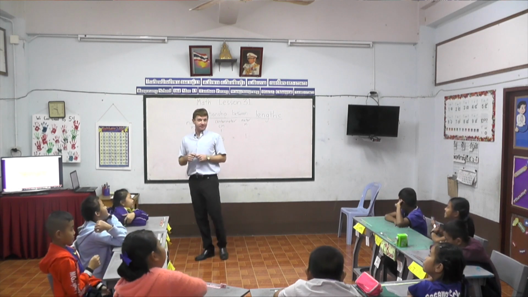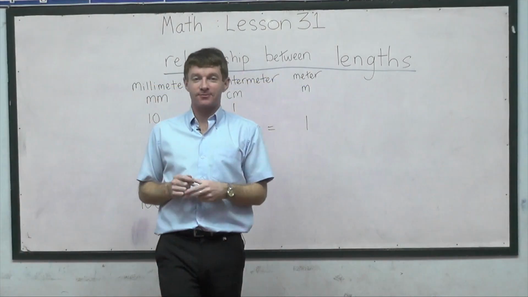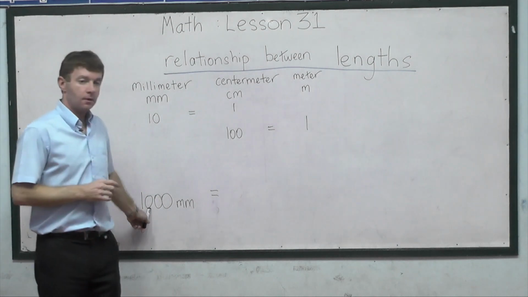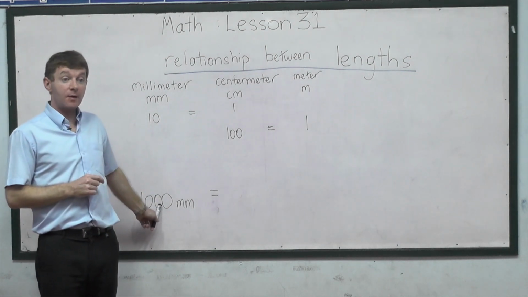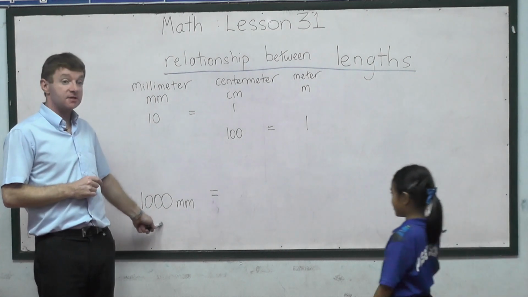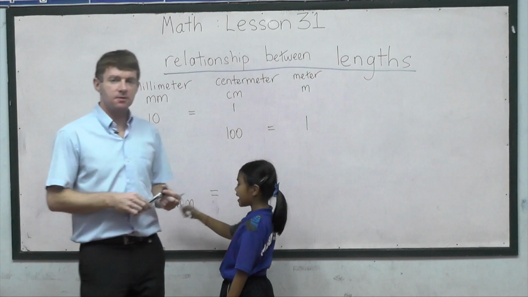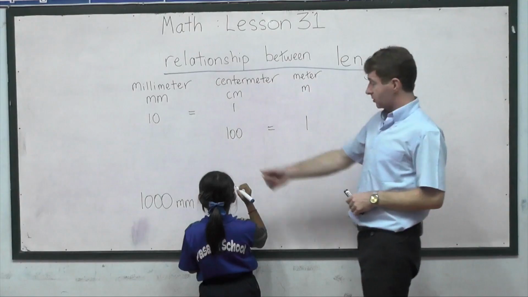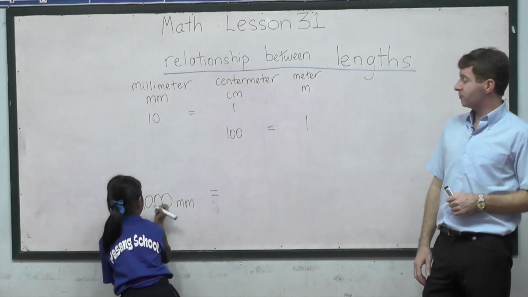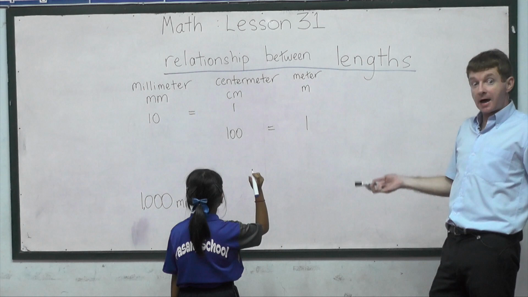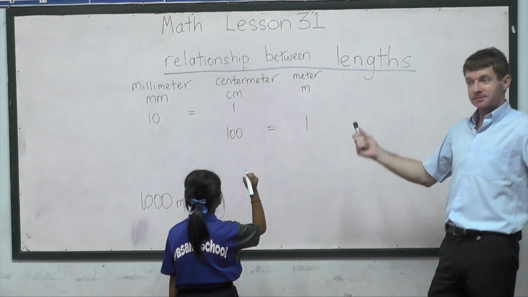Who has the pen? Pak Bung, please come forward. So teacher Wes has written, what can we see? 1,000 millimeters. You can write the comma too, thank you. How many centimeters in 1,000 millimeters?